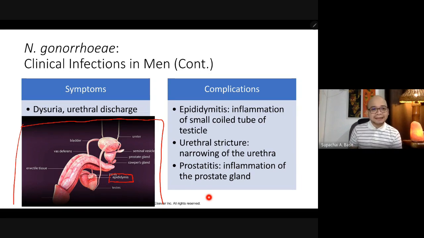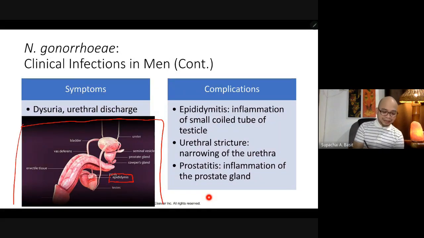Then there would be urethral stricture, which I have already explained, pertaining to the narrowing of the urethra because of the numerous neutrophils invading it.